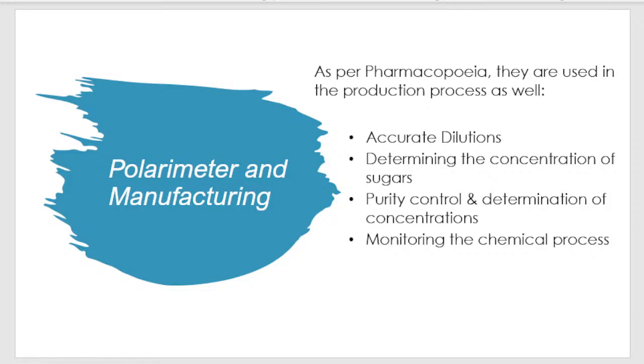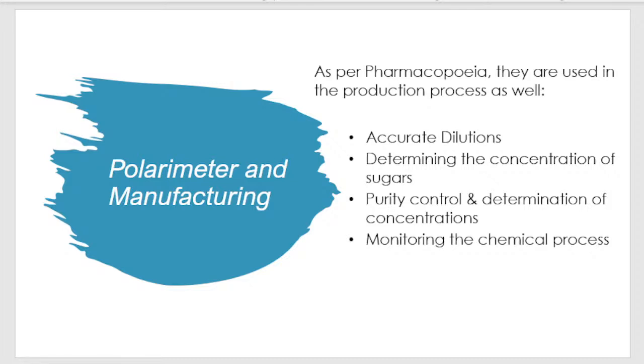Most of them do, but I've come across one or two that don't, because they're not producing something that requires, as per the pharmacopoeia, a polarimeter for the manufacturing or the quality control of that substance. But anyways, as per the pharmacopoeia, they're used in manufacturing.